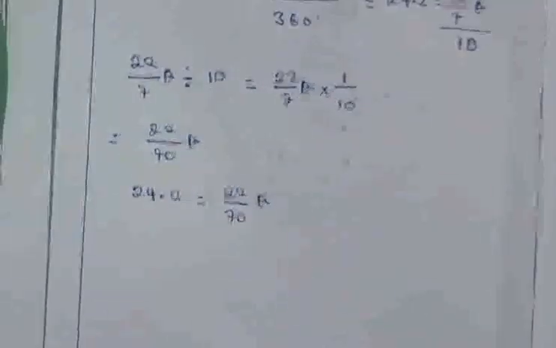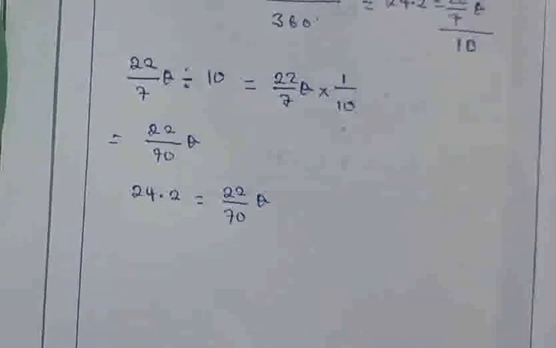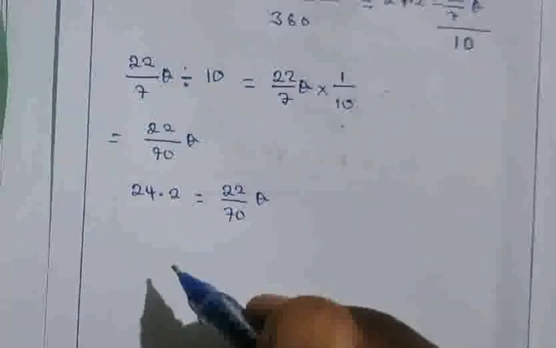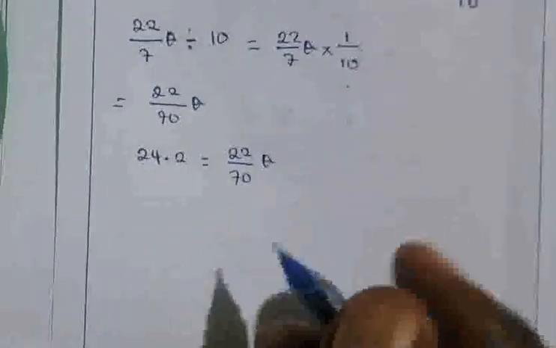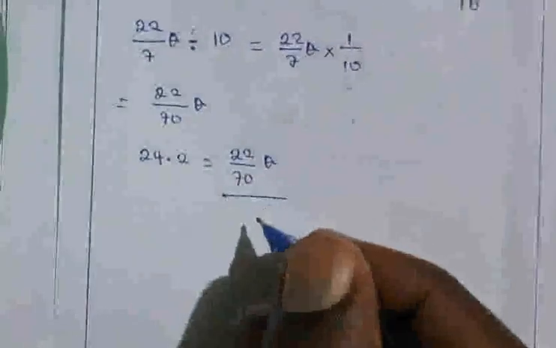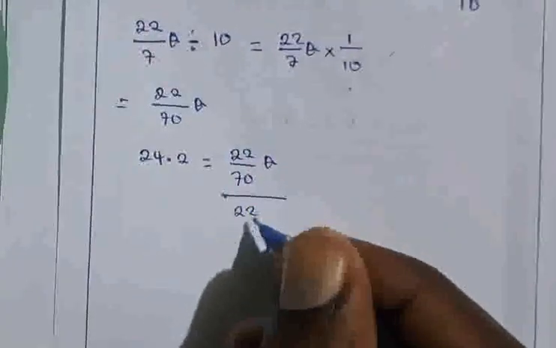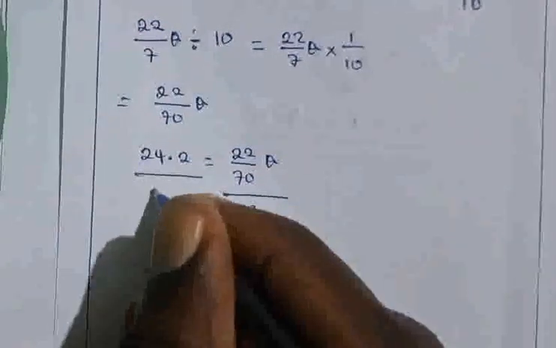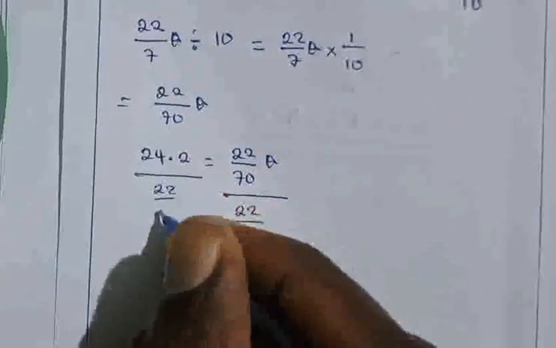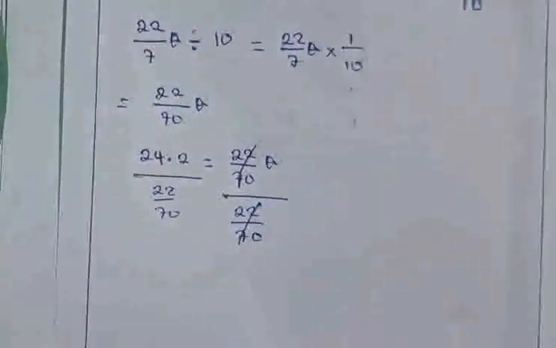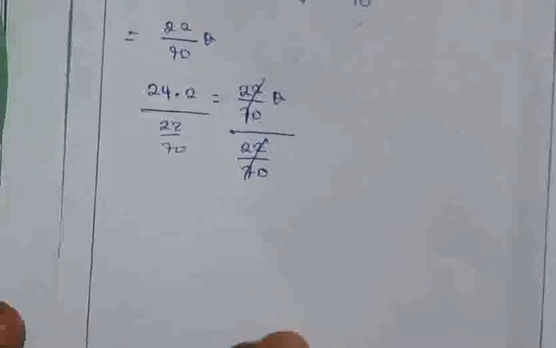So what do we do from here? We divide both sides by 22 over 70, here also by 22 over 70, isn't it? So that this and this will cancel each other.